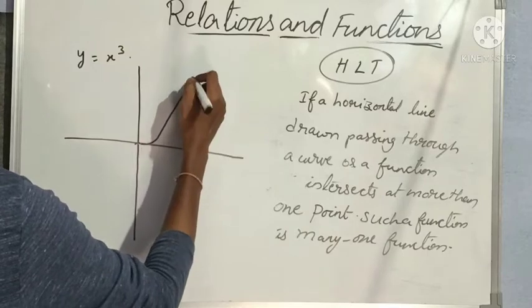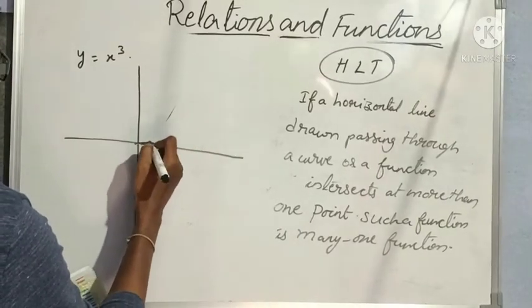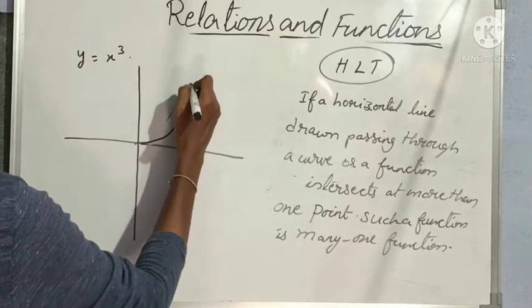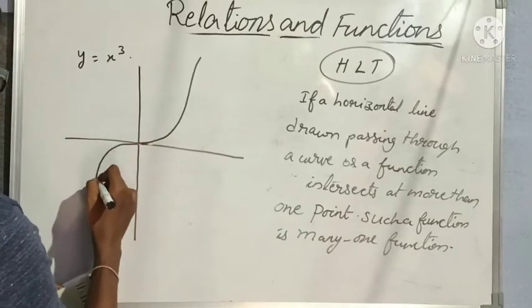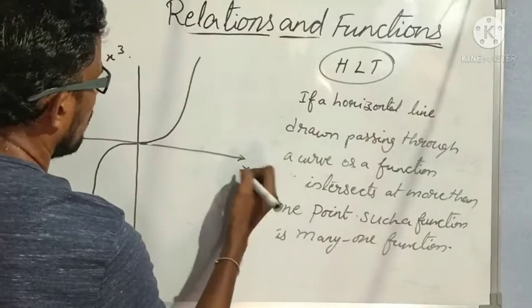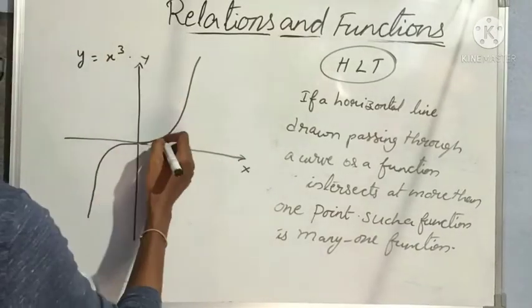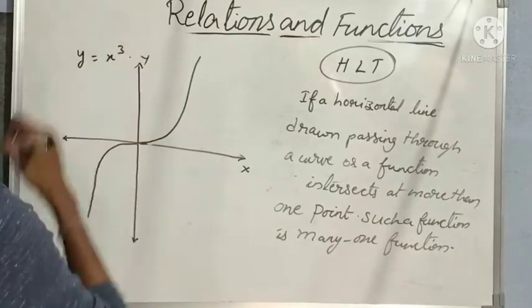So positive, like this it will go, and negative, like this. Understood? So it will be in both the positive direction and the negative direction. So this is the graph of y is equal to x cube.